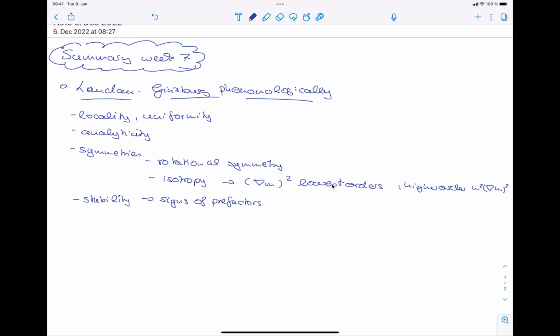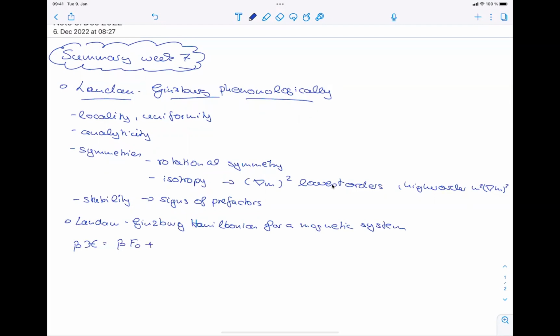And with all of that together, we found the Landau-Ginzburg Hamiltonian for a magnetic system, where we have the constant term. It's typically neglected.